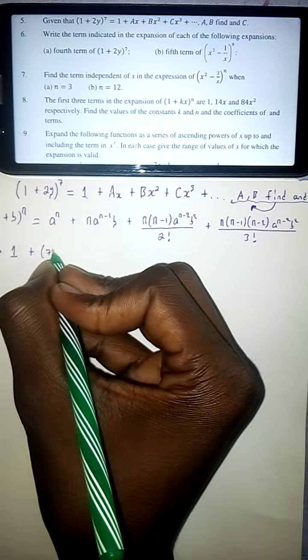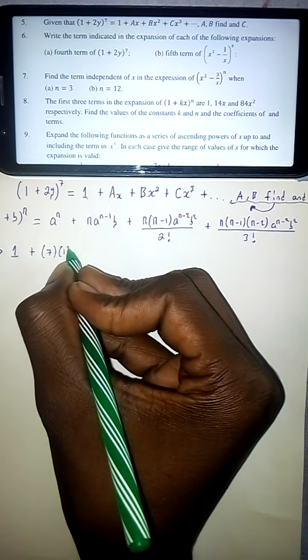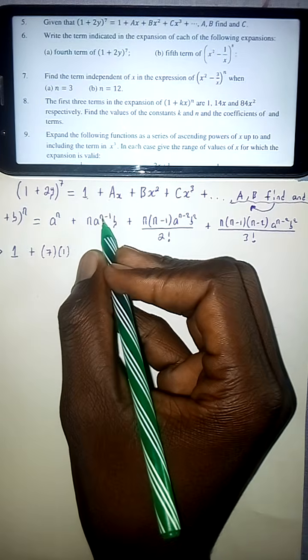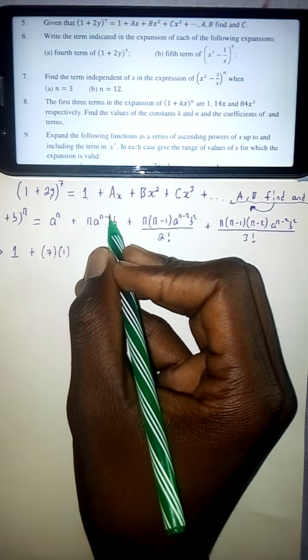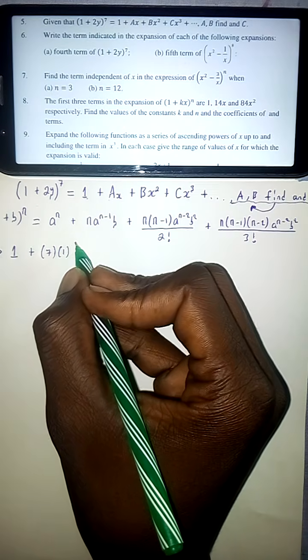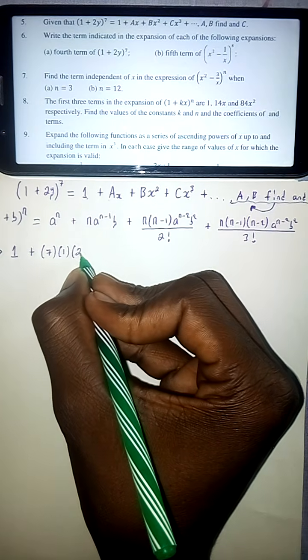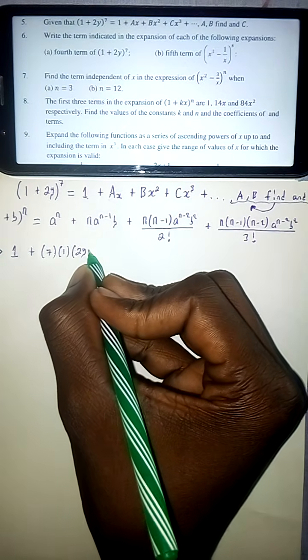Our n is 7, our a is 1. Then n minus 1, that's 7 minus 1, 6. 1 to the power 6 still remains 1. Our b is 2y.